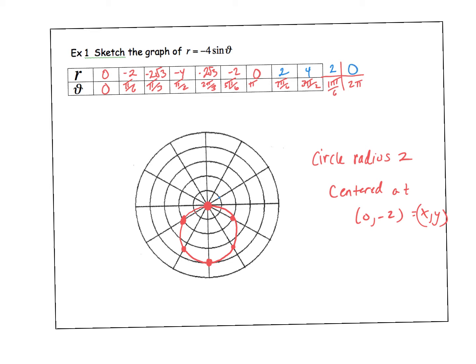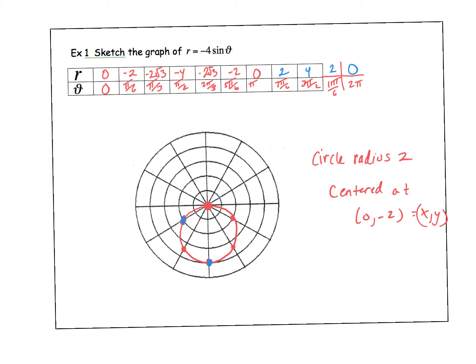So if I go to 7 pi over 6, I'm here and I'm at a positive 2. So it would give us the same exact point thought about in a different version. If I went to 3 pi over 2, I'm going down, and then my r is 4. So I end up at the same point again.